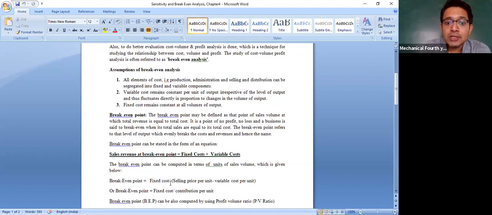Break-even point is equal to fixed cost by selling price per unit minus variable cost per unit. Now, what do we mean by selling price per unit minus variable cost per unit? That means contribution per unit. Is that clear? Did you guys get it? Contribution per unit. Is it clear?